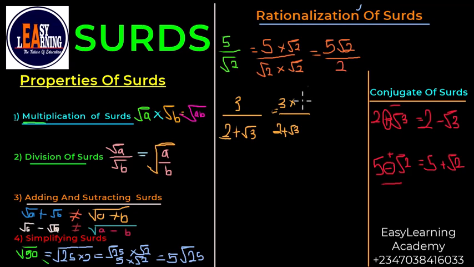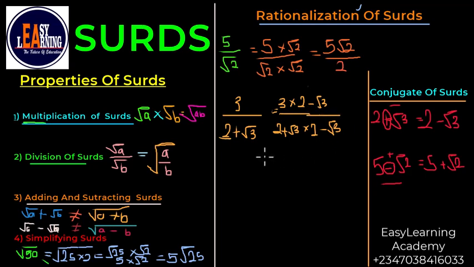And what's the conjugate? In this case it will be 2 minus square root of 3, and also times 2 minus square root of 3. So that is it. Everything here remains like that.